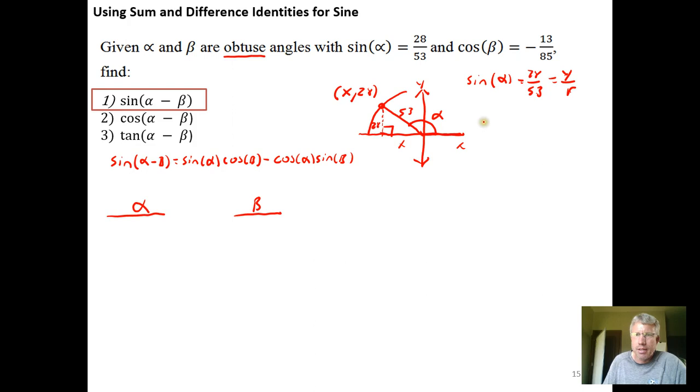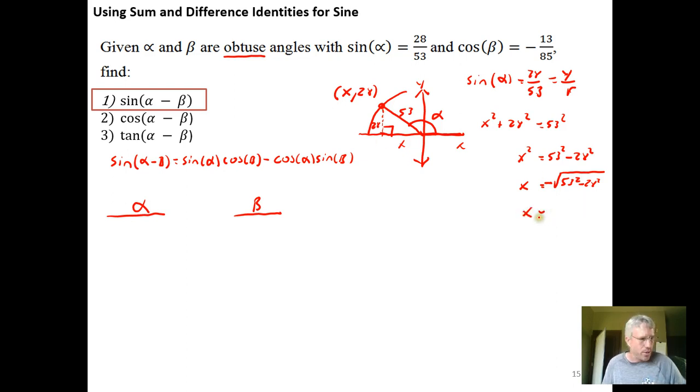I know that x squared plus y squared, which is 28 squared, is going to equal r squared, which is 53 squared. And so subtracting that 28 squared off of both sides, we're going to get x squared is 53 squared minus 28 squared. Then we would take the square root of both sides, but we're going to need the negative square root because we're in quadrant 2. So we're going to get negative the square root of 53 squared minus 28 squared because of the quadrant that we're in.